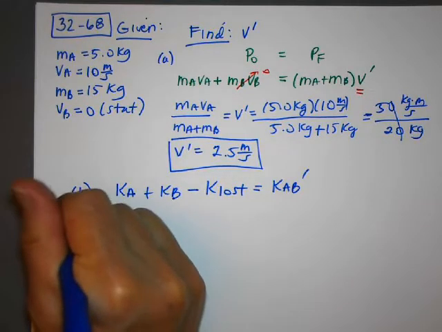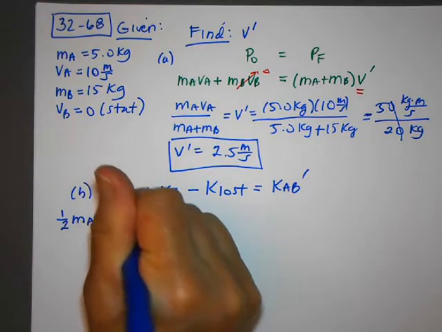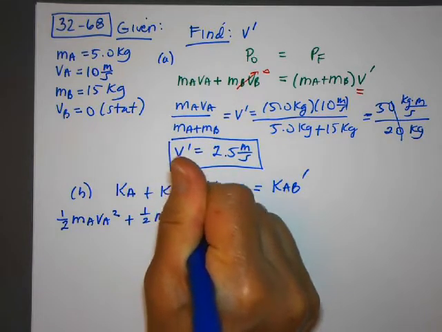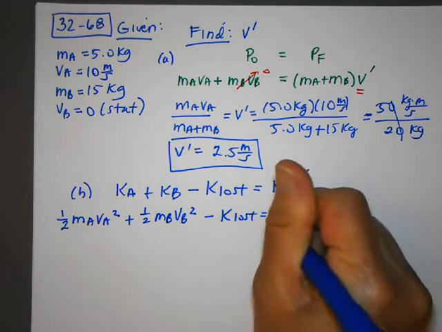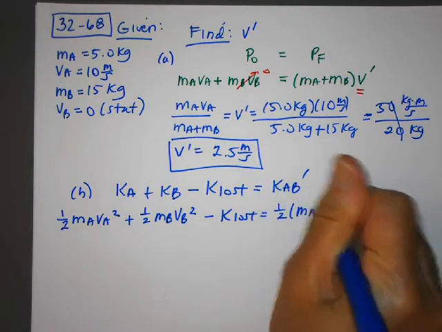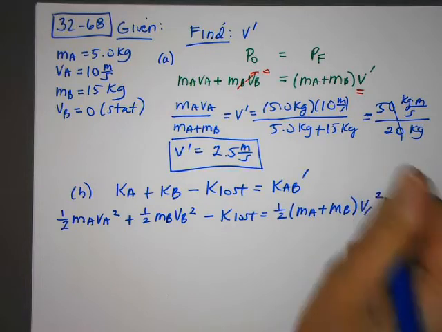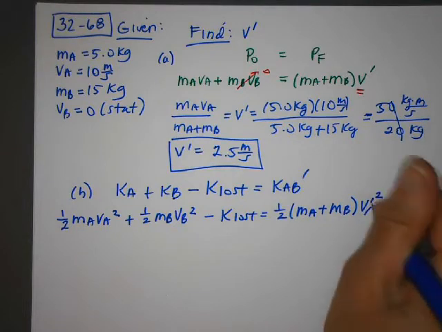So we have 1/2 MAVA squared plus 1/2 MBVB squared minus K lost is equal to 1/2 MA plus MB times V prime squared. That's a V prime. Put the prime in the wrong place.